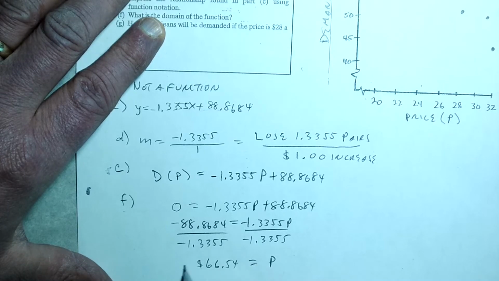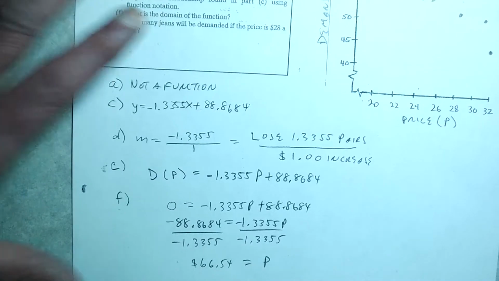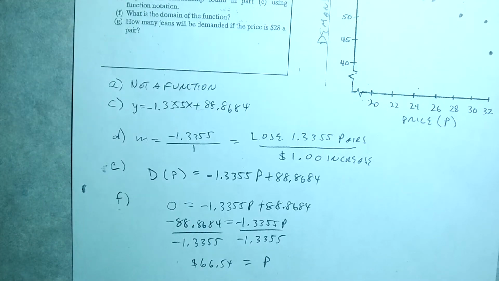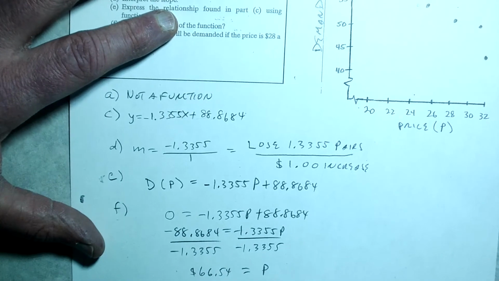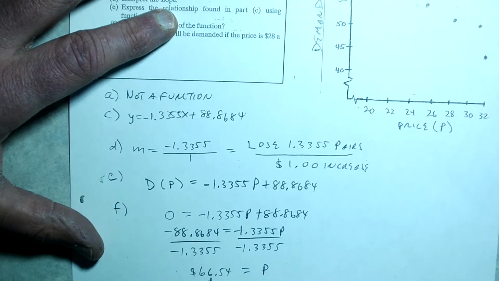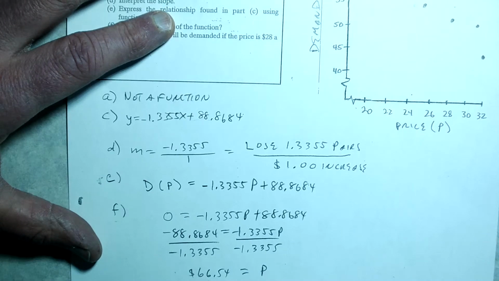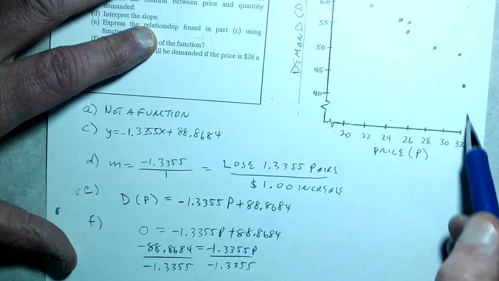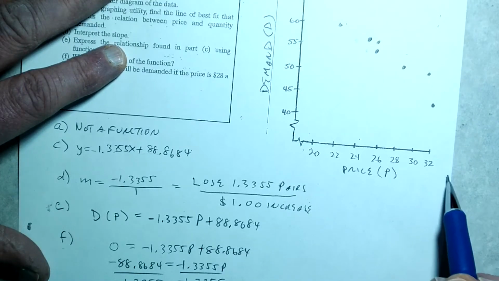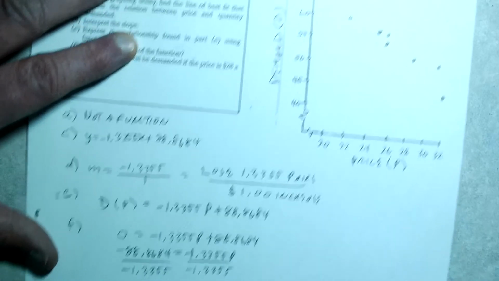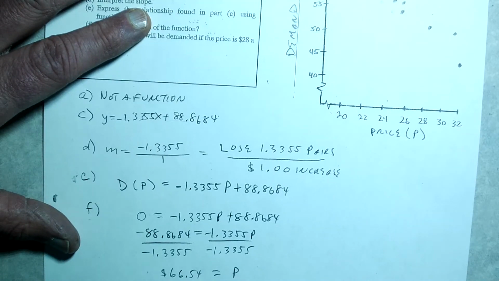And we're just going to go ahead and round that off. Well, let's think about this a little bit. If we went to $67, we'd have a negative demand, right? It would go below a 0 demand. And so let's just go with $66. And so we're going to say that's our maximum.